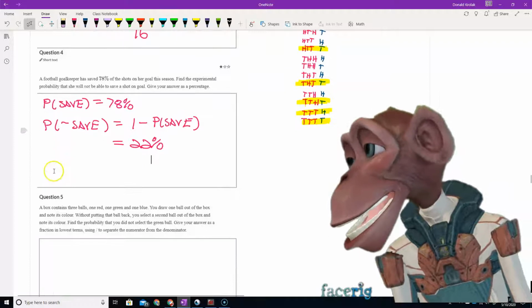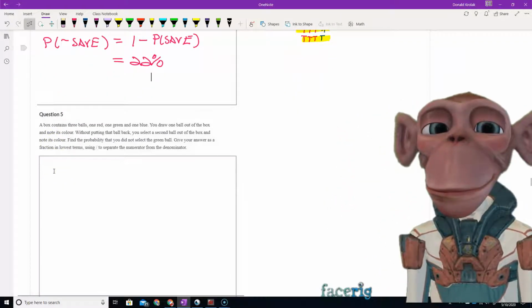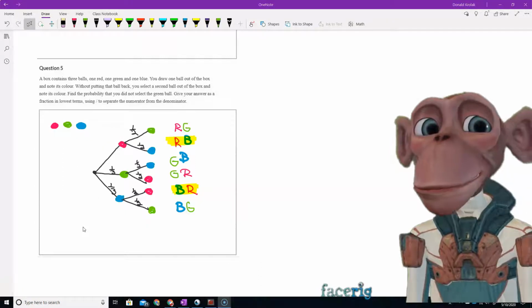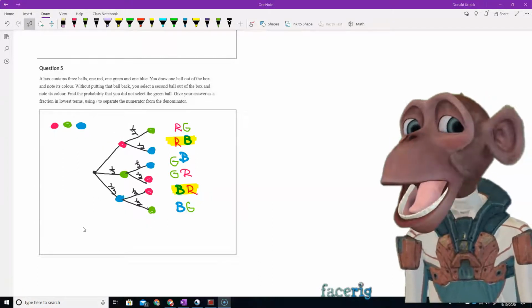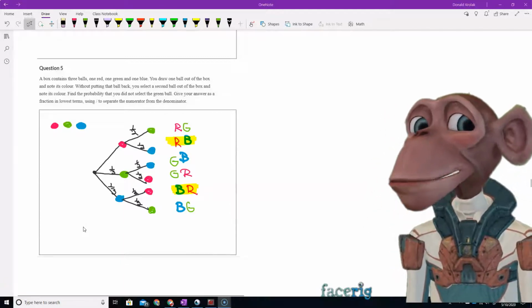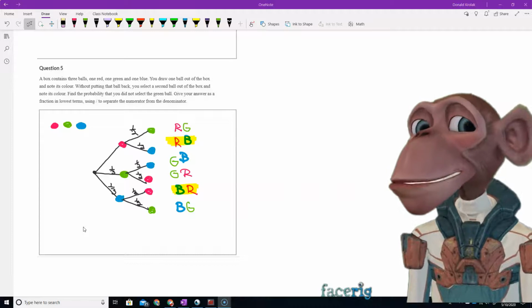A box contains 3 balls, 1 red, 1 green, 1 blue.